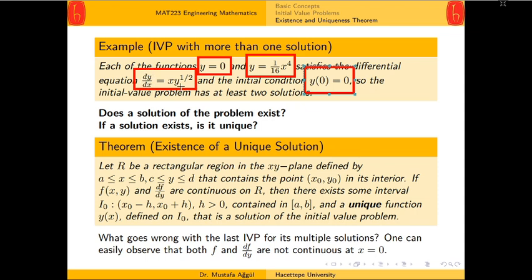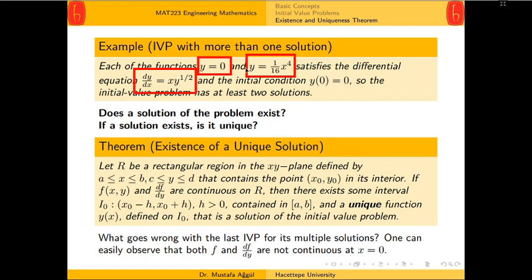Then we can say this will reduce this ODE to an identity. Let's also see if this will really satisfy the initial condition as well. So if you substitute 0 for x, you will see y is equal to 0. So this is also satisfied.